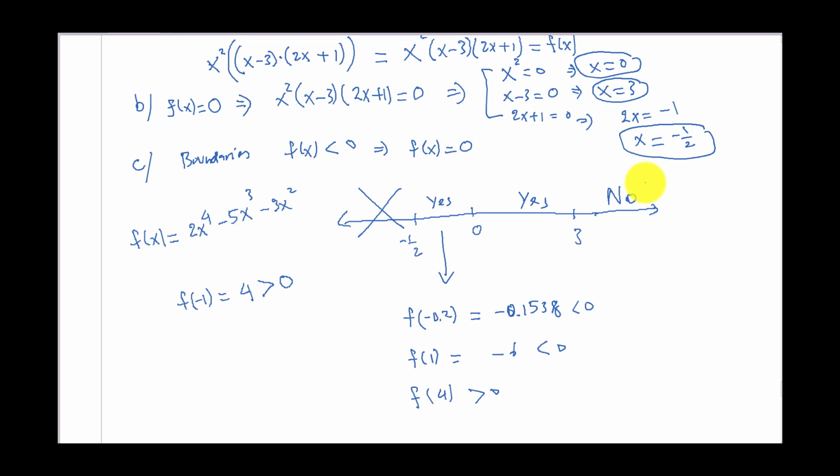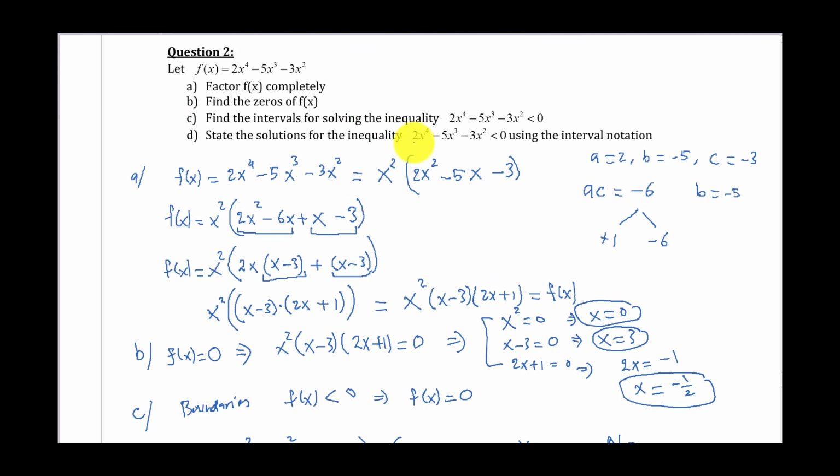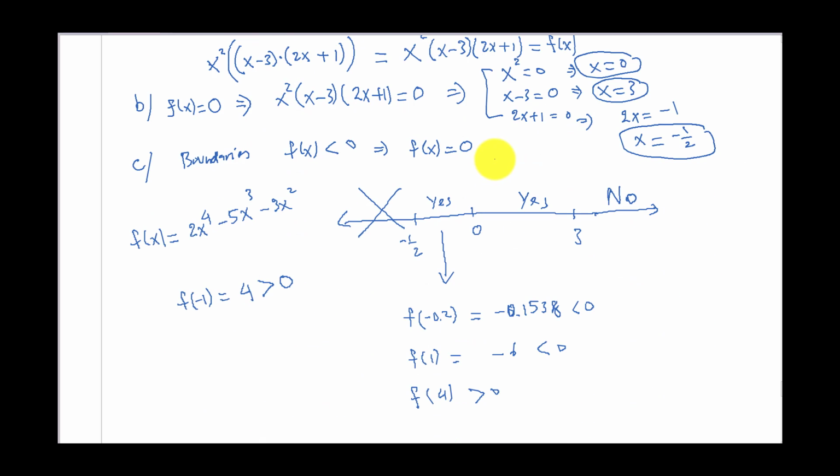So your answer for finding the intervals for solving the inequality, oh, we already did part D as well, because part C is only asking for the intervals. That means you are finding the intervals here, which are minus infinity up to minus 1/2, using an open parenthesis because this does not include the equal sign.